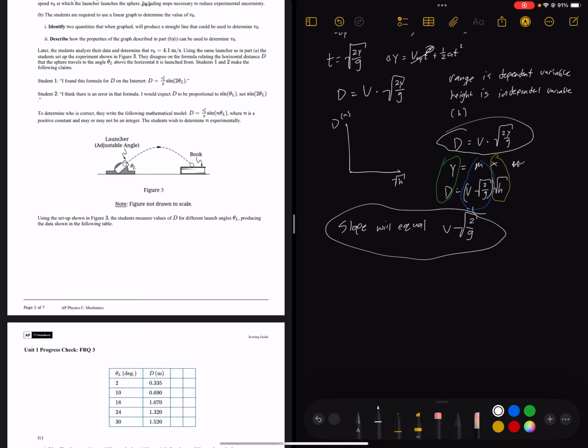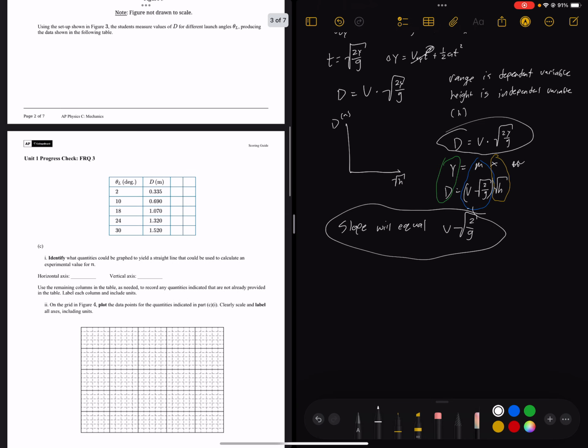All right, well, that's pretty much it. But let's do it experimentally, right? So we know the identity, but you've got to see if the data follows that. So this was actually pretty interesting, this idea of experimentally determining whether or not it's going to be sine 2 theta.